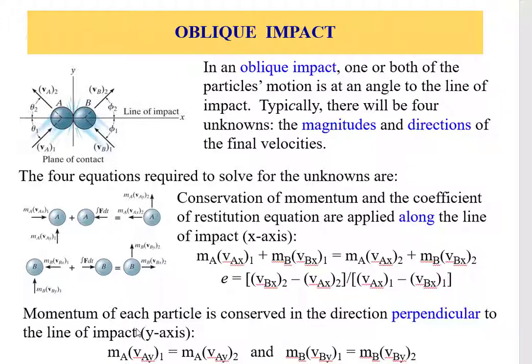Now, another equation that you will be needing to calculate these four unknowns is that the momentum of each particle is conserved in the direction perpendicular to the line of impact. So if that's true, then nothing will happen to the velocity component in the y direction.